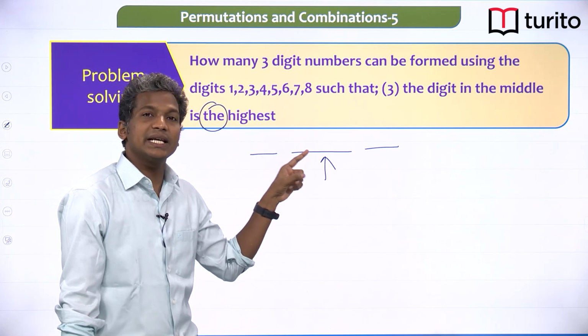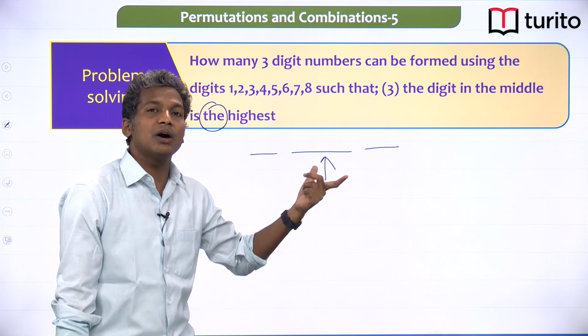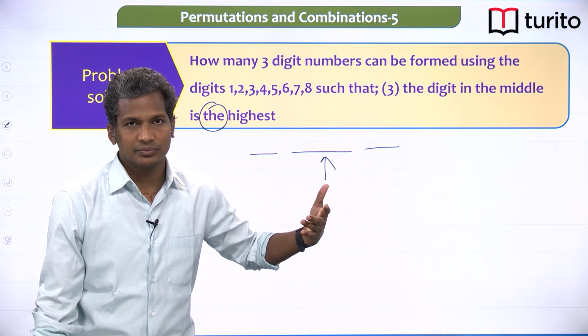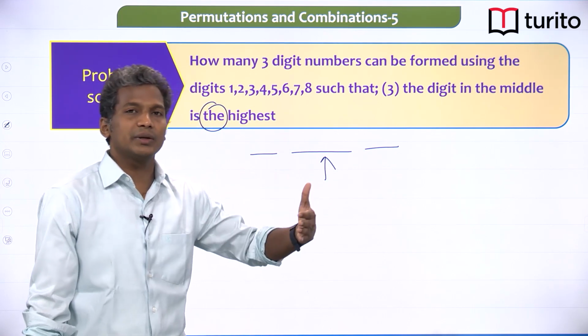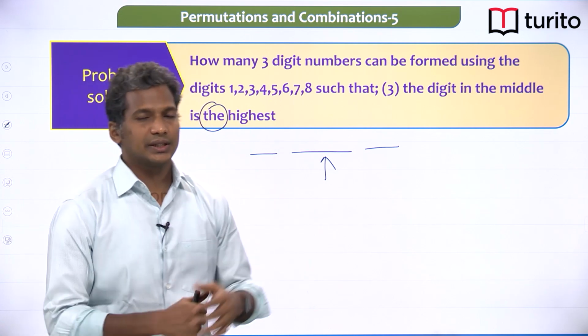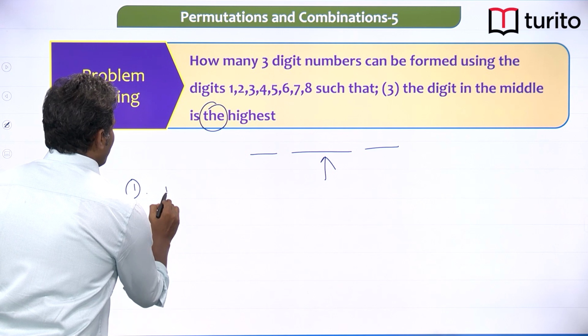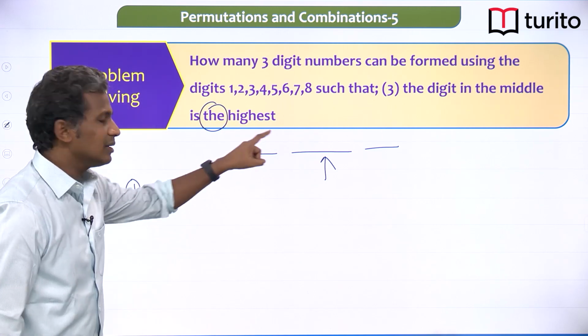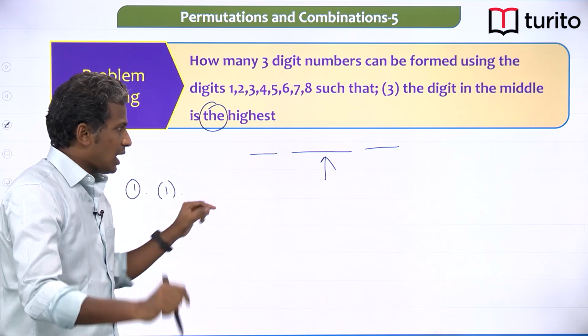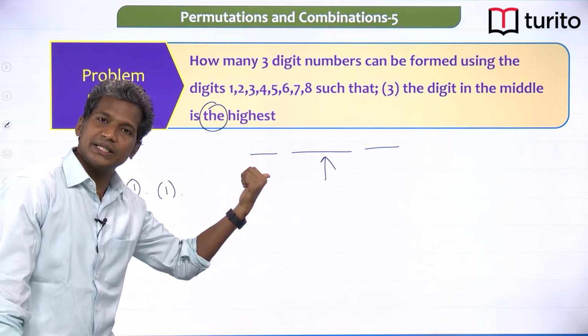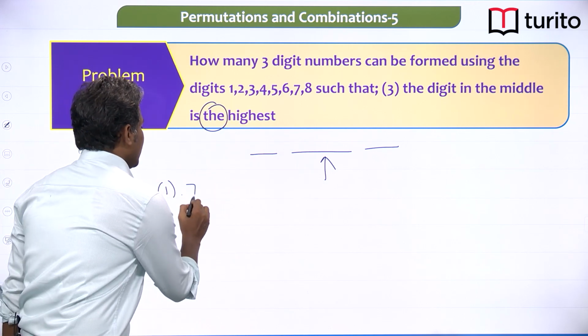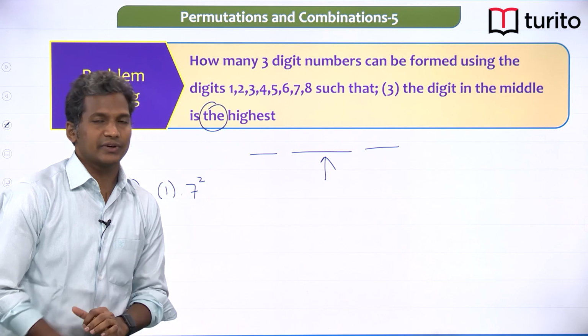Only 7 options are available for the other 2 locations. So, in how many ways can we get that? For fixing 8 in the middle place, one way, and for filling the other 2 places, it is going to be 7 into 7, which is 7 square.